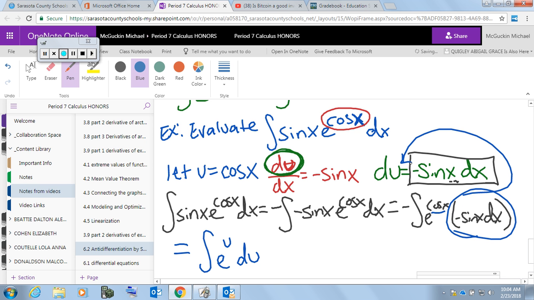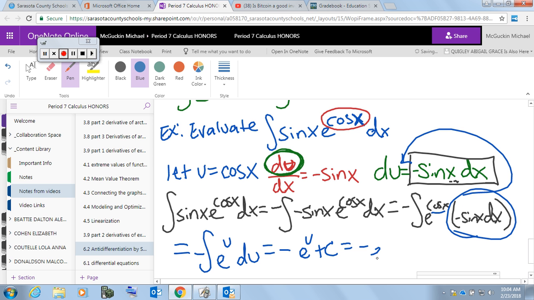Now, look at that fancy integral: the integral of e to the u du. That is an easy one to solve for. The antiderivative of e to the u, we know, is just e to the u. So, now we have negative e to the u plus c. But remember, u had a value. We gave u a new function, and u was cosine of x.